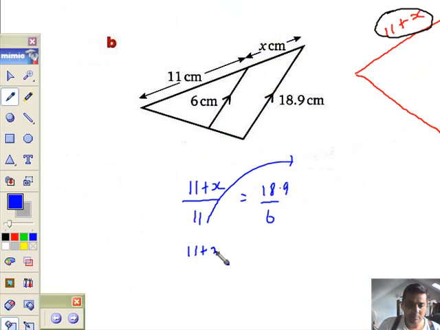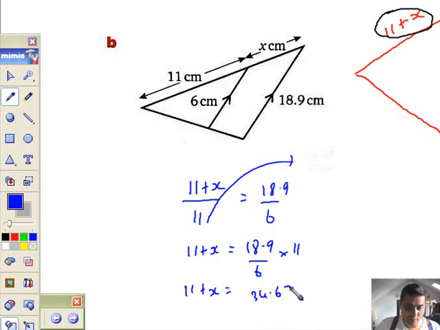So I've got 11 plus X equals 18.9 divided by 6, then multiply by 11. I'll work out that step first so I don't get too complicated. Divided by 6, multiply 11. So far I've got 11 plus X comes to 34.65.